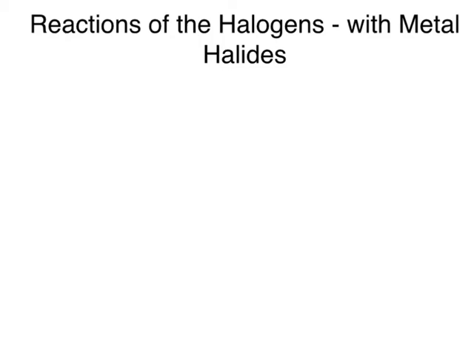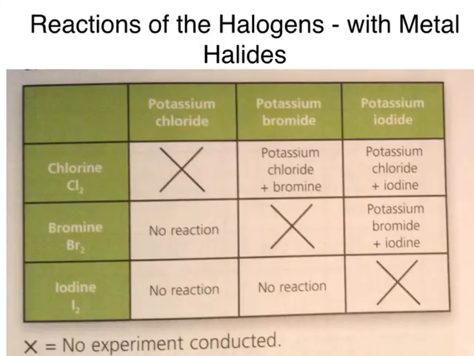If we look at some results of reactions where we've taken a halogen and reacted it with a metal halide, we've got chlorine will react with potassium bromide to make potassium chloride, and it reacts with potassium iodide to make potassium chloride, and you can see that the other halogen is formed as well. Because chlorine is more reactive than bromine, the bromine will not displace the chloride in potassium chloride, and iodine is the least reactive, so it won't displace the chloride in potassium chloride or the bromide in potassium bromide.